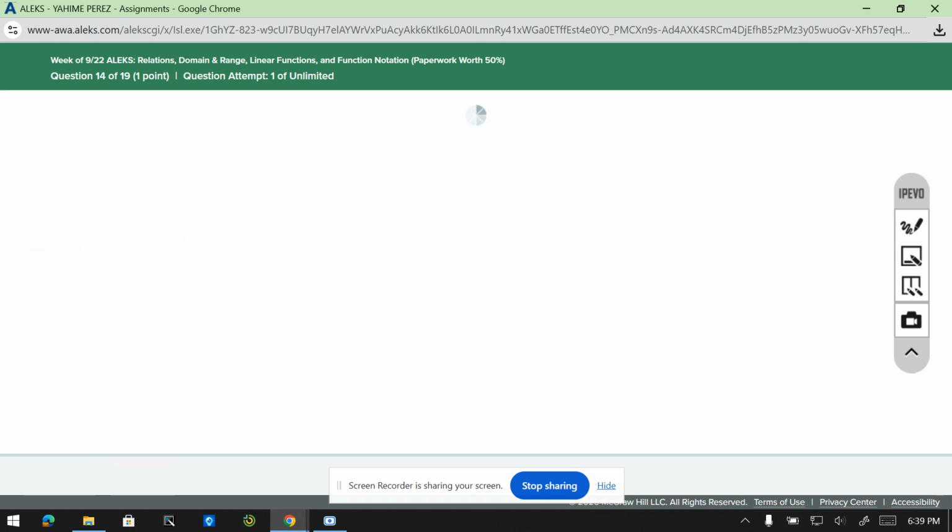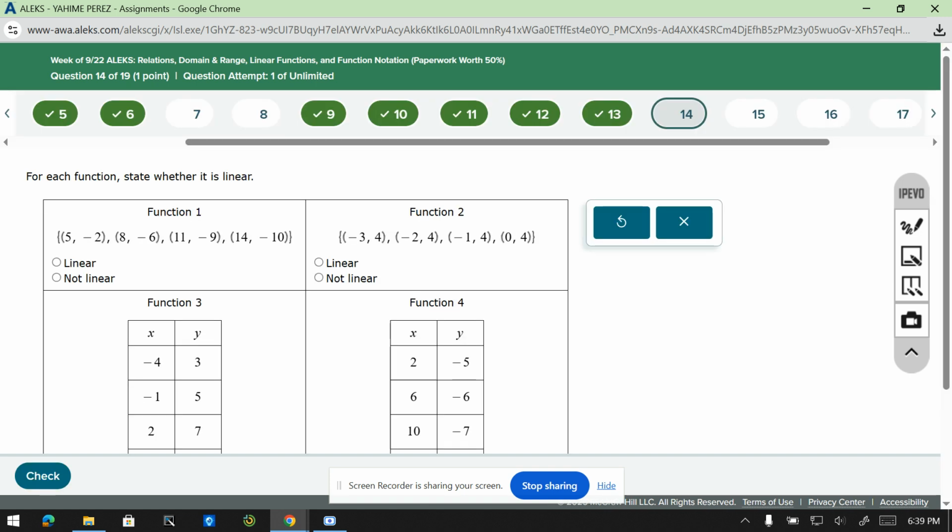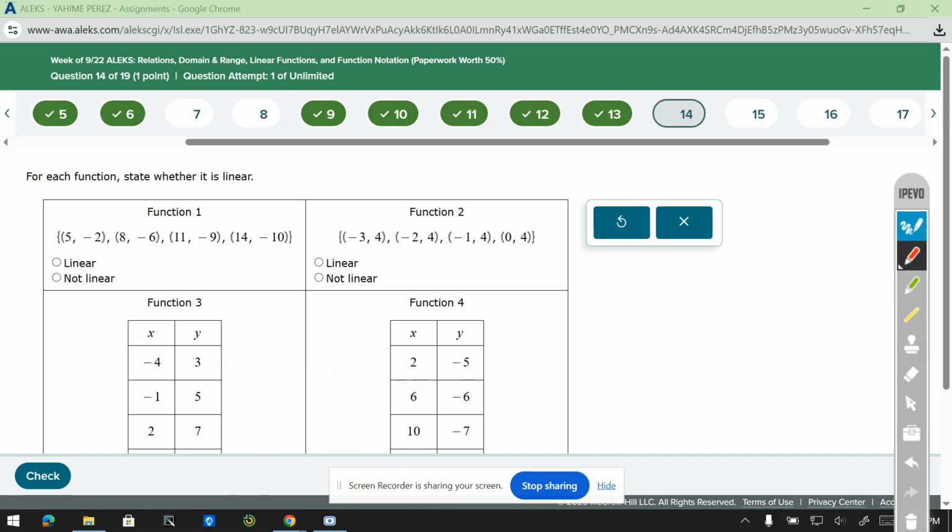Okay, going on to 14, same thing. We're determining linear, but from points and tables. Now, we can tell that points are linear because they have a constant rate of change.